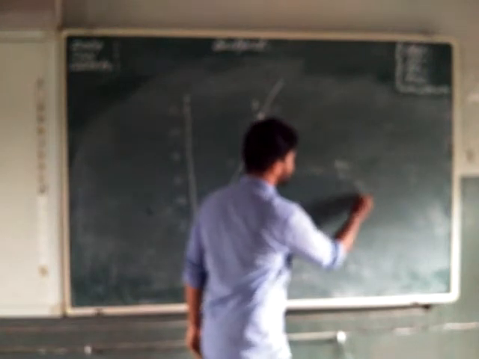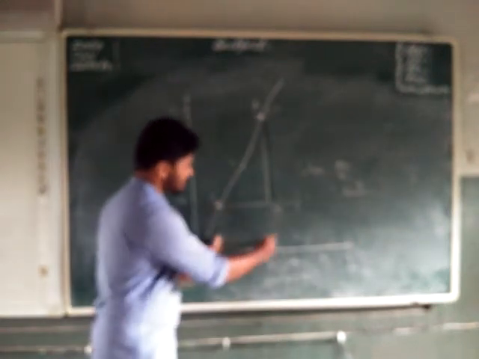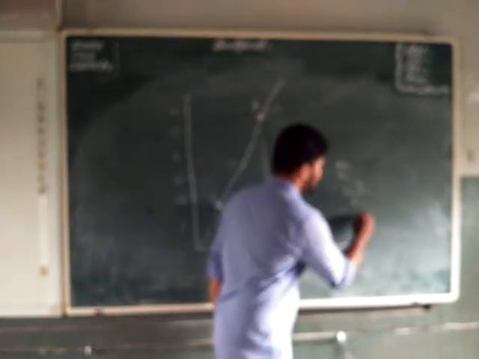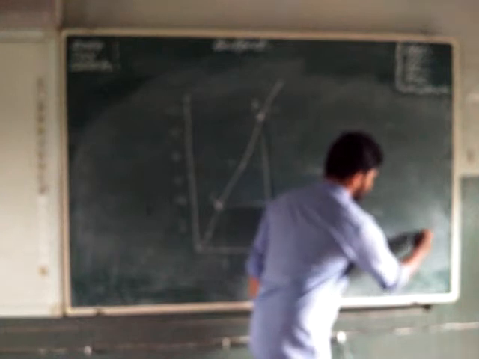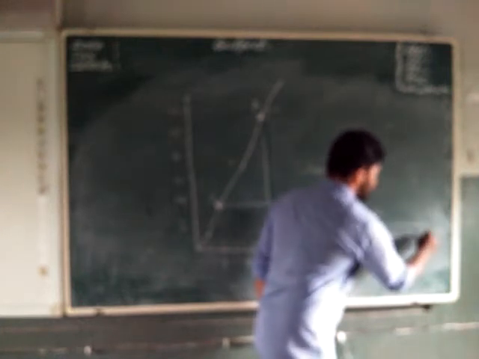So AB is 6.8. Now BC, what is BC? BC is equal to 2. What is 6.8 by 2? That is 3.4. So if you get any value between 3.1 and 3.6, up to that it is right.